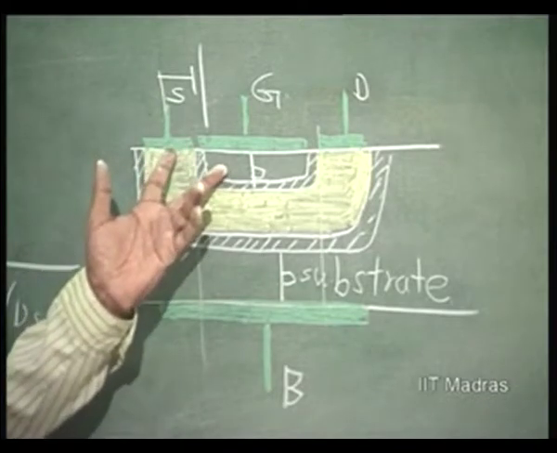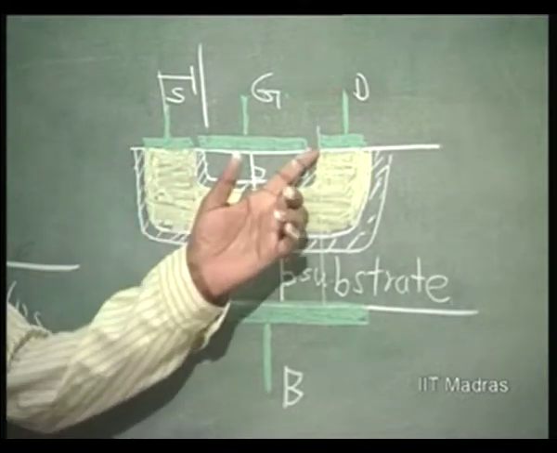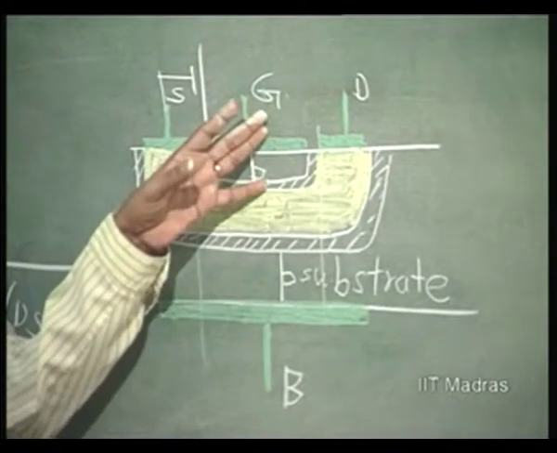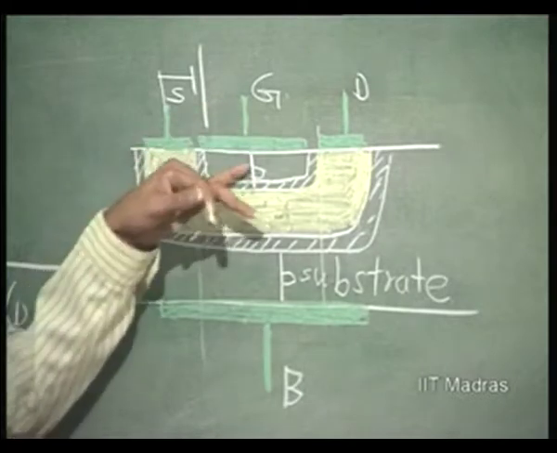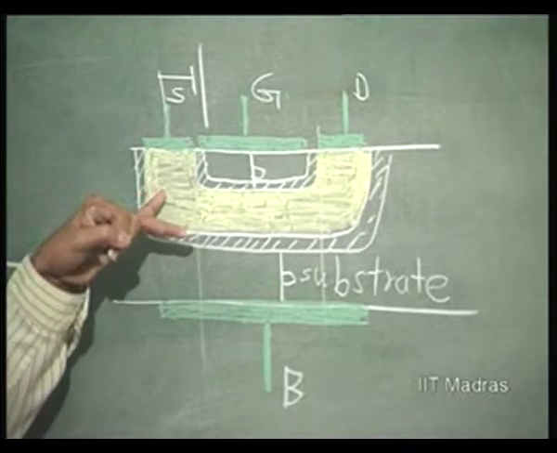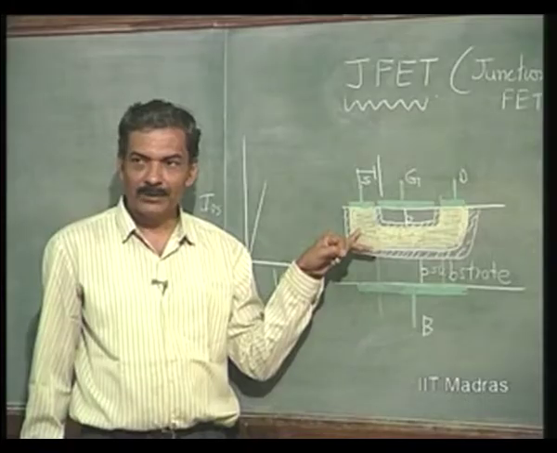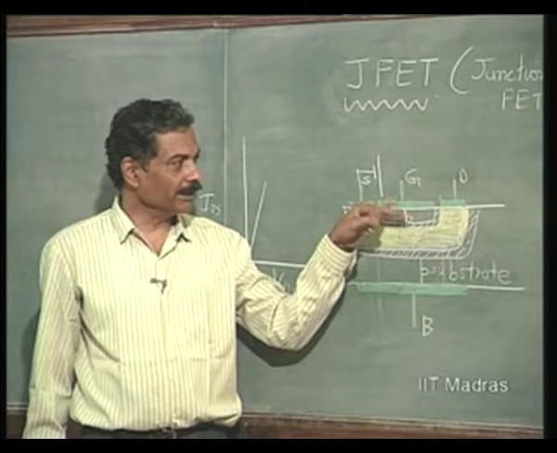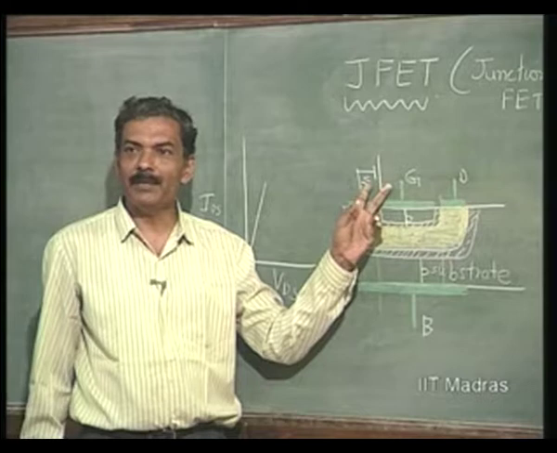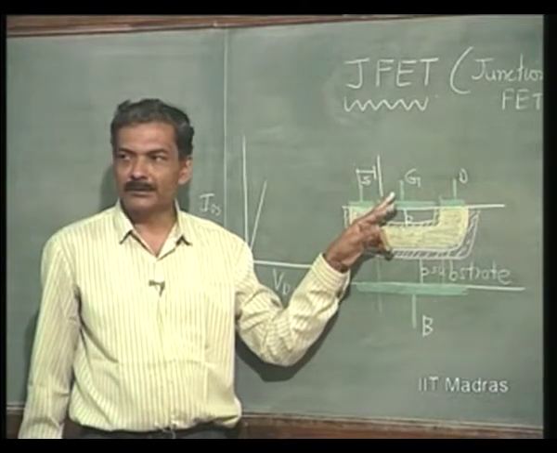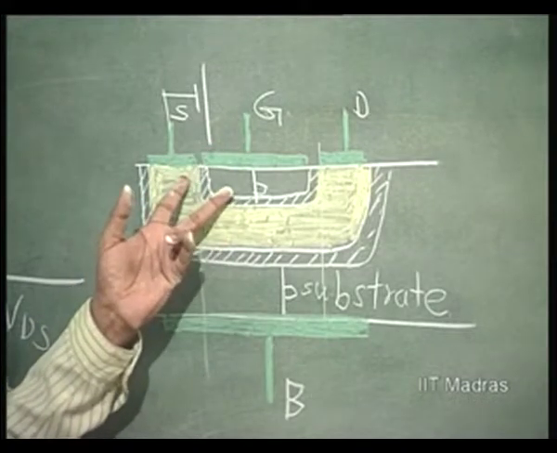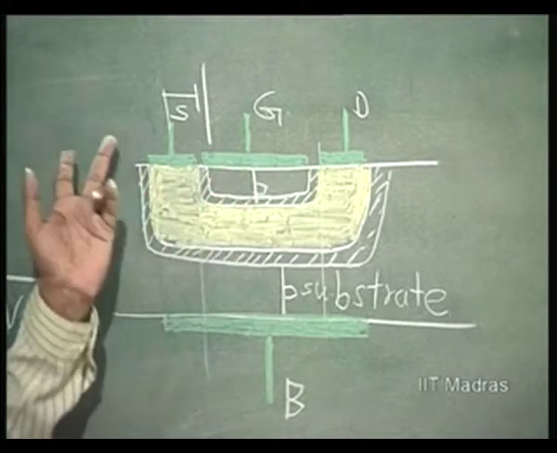This junction is important, and it should always be kept reverse biased, so that the gate does not start conducting. Gate is P type and source is N type. So, if I apply a positive voltage here with respect to this, this will start conducting. That means this should be biased in the opposite direction, so that initially there is no gate current at all.